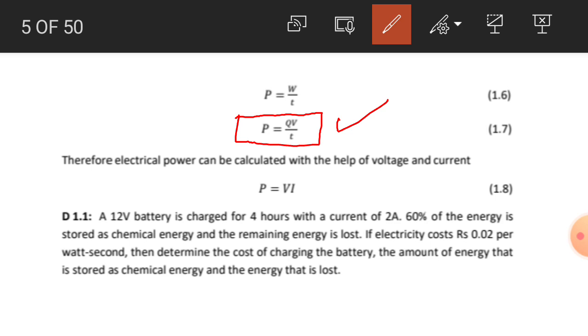And we say that I have consumed 200 units of electrical energy. Now the unit which is used in our houses is kilowatt hour. It is not watt second. So 1 unit is 1 kilowatt hour. I'm talking about the unit in our houses.